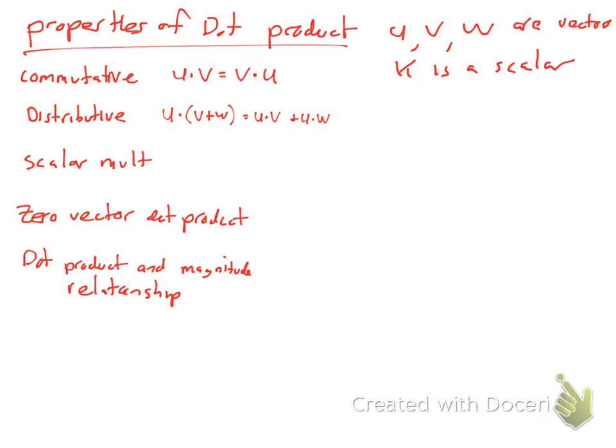The next one is scalar multiplication. Scalar multiplication uses K because we're calling that a scalar. And what happens if I have scalar multiplication of a dot product? The cool thing is that just like normal multiplication, I don't think any of us, when multiplying those together, if they were all real numbers, K would not be used more than once, right? Once you bring it in, it goes to the U or it goes to the V. Same thing here.